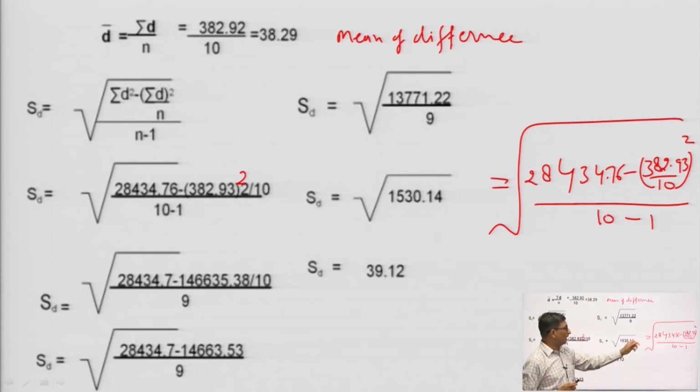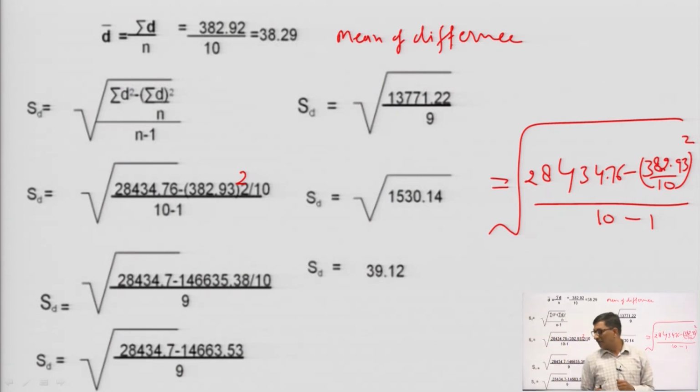First, squaring the 382.93, it becomes 1,46,635.38 divided by 10 and square root of 9. 9 means 10 minus 1.